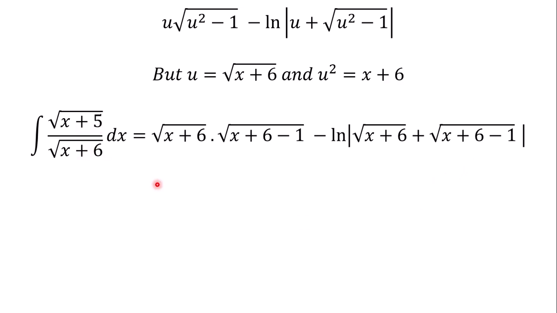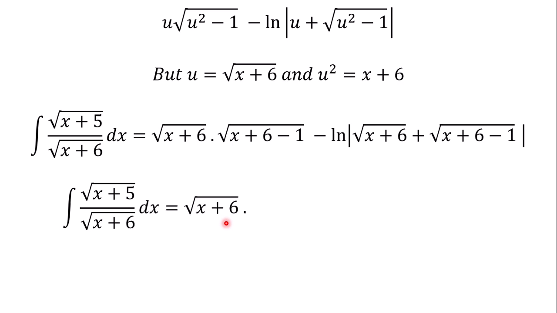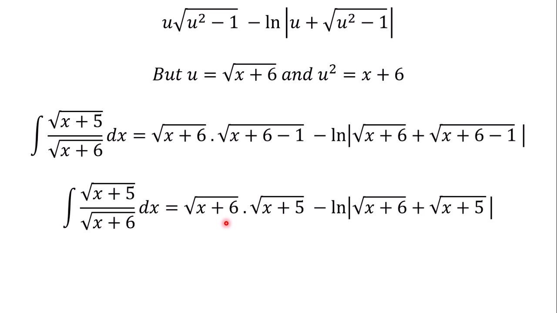So this one is equal to square root of x plus 6 times square root of x plus 5 minus natural log absolute value of square root of x plus 6 plus square root of x plus 5.